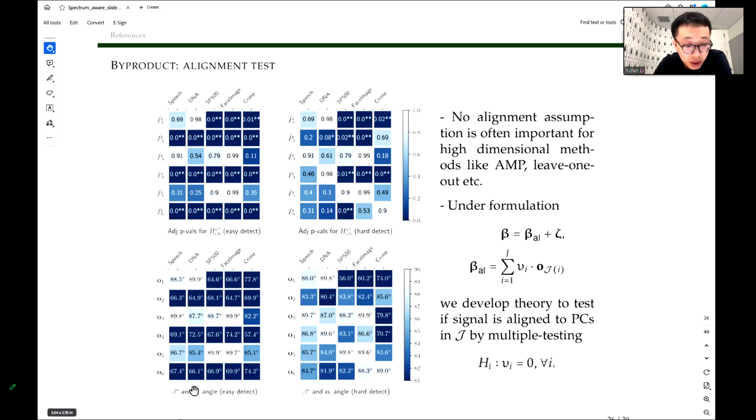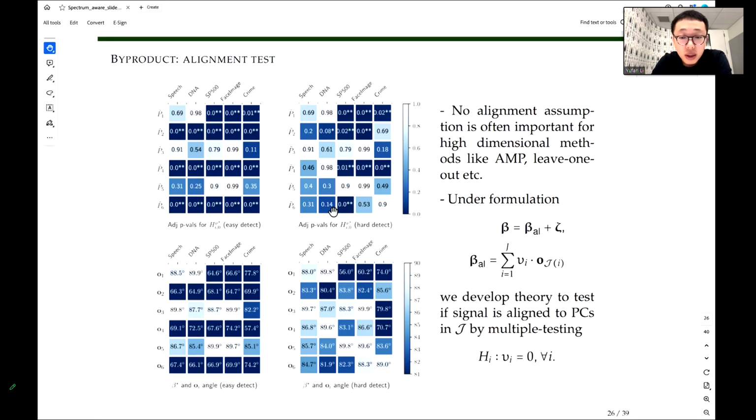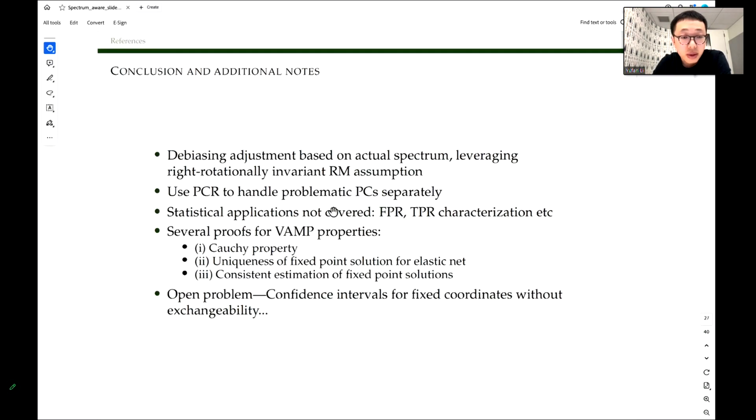These are the PCs, and the angles are to the true signal beta star on the different designs. You can see this method actually works well. So yeah, this is basically our result.